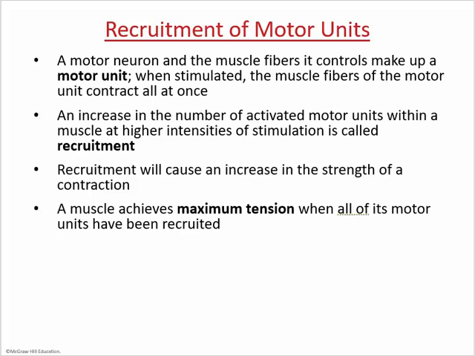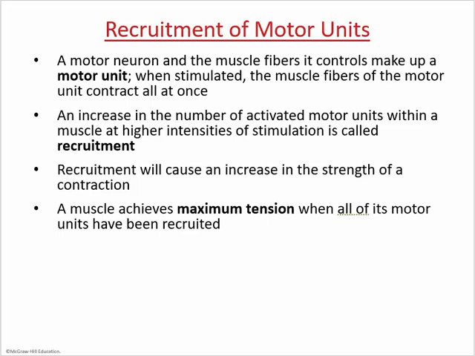Now, it's inefficient because a single muscle may have thousands and thousands of fibers. So we can't have thousands and thousands of motor neurons. So what we have is motor neurons branch, and they go to multiple fibers. We call one motor neuron and all the fibers that are controlled by that neuron a motor unit.